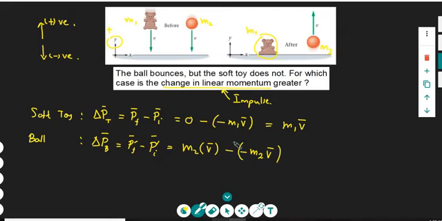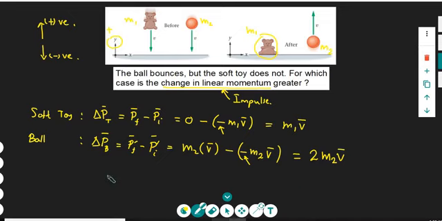Remember, these negative signs are there because the linear momentum at that instant is pointing in the downward direction, and downward we consider the negative direction according to this convention. So as a result, for the bouncing ball, you'll see the change in linear momentum would be twice m2v.